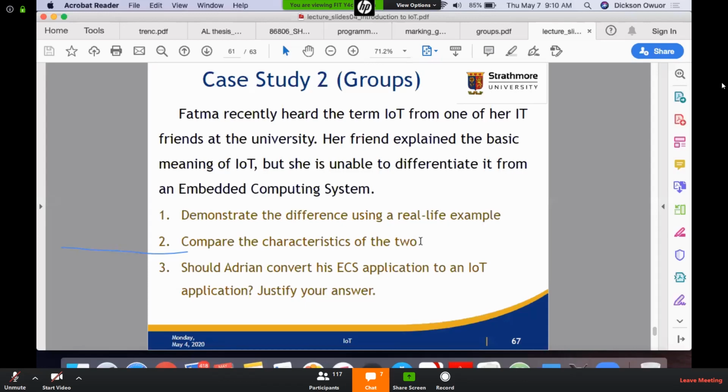Okay. The same for the IoT. The only addition for the IoT is that you must have a network component. Okay. For the ECS, the network is sort of not very important. It's sort of just optional. But for the IoT, there must be a network component.